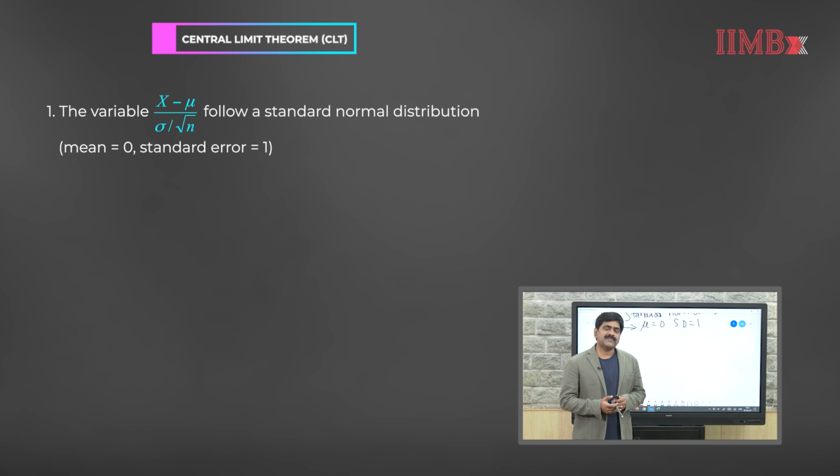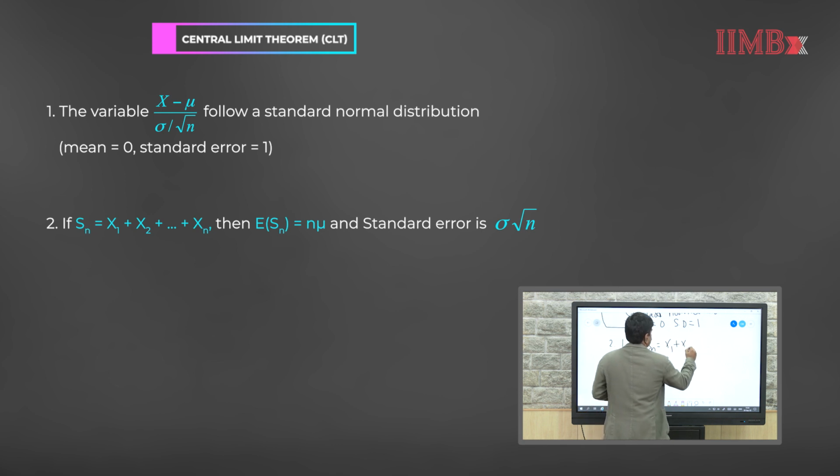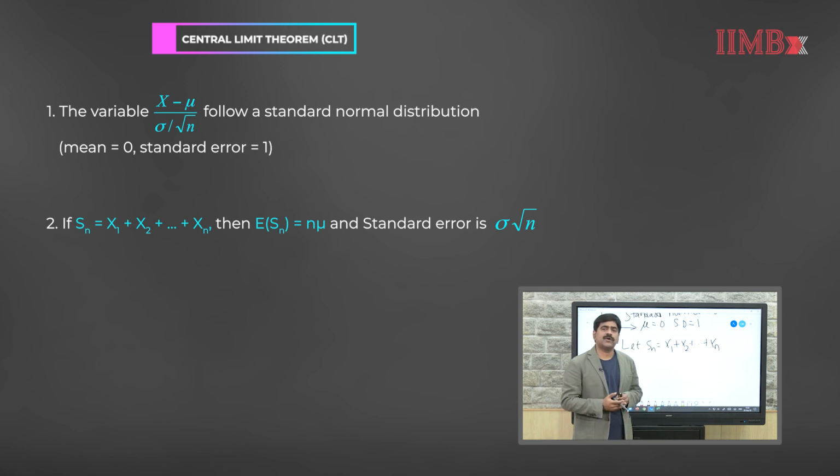The second property of central limit theorem is, suppose let us say I take summation of these random variables. Let Sn equal to x1 plus x2 and so on up to xn. So, I am basically taking the summation of these random variables. Then the expected value of Sn will be n times mu.